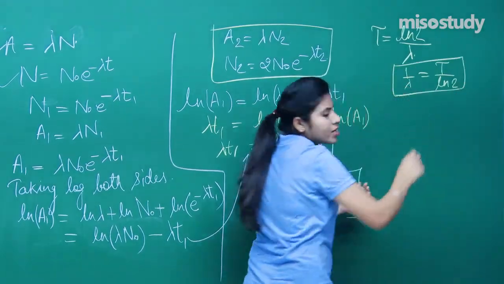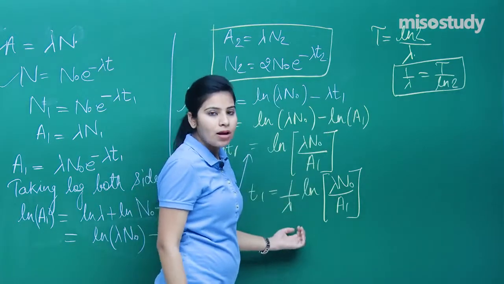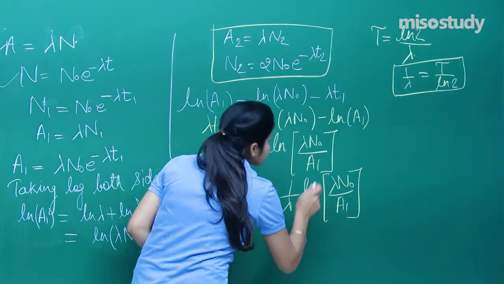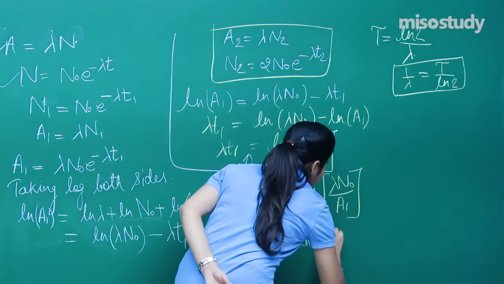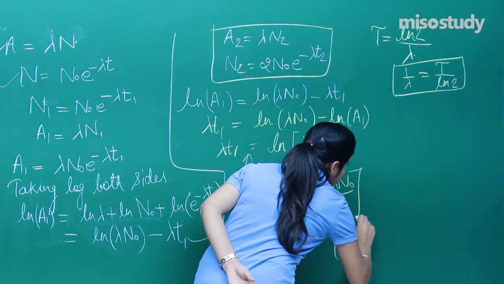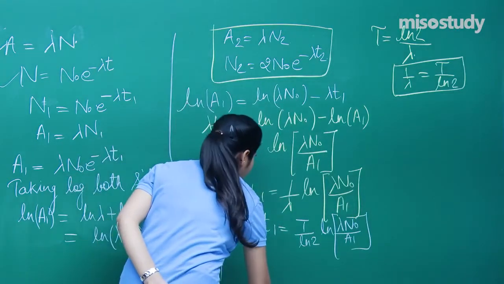So we put this value into this equation, that is 1 by λ equals T by log 2. That means you will have your T1 as T by log 2 into log λN0 divided by A1. This is the value of your T1. Let me just mark it over here.